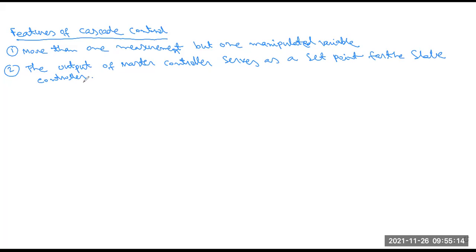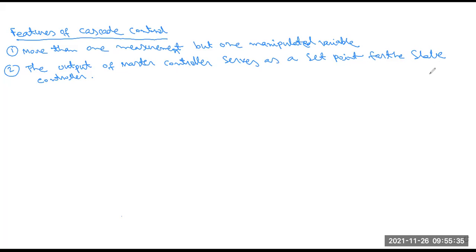So in this cascade control system, we have to use more than one controller part. First, one is used for the master controller part, another one is the slave controller part, and this master controller serves as a set point which is connected to the other controller part.